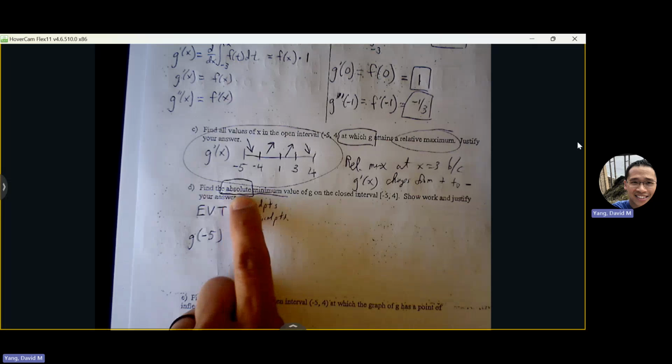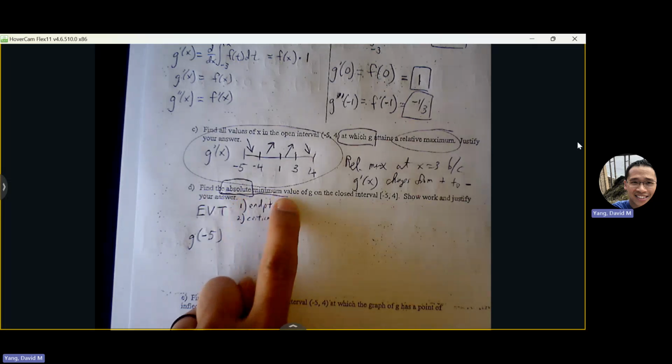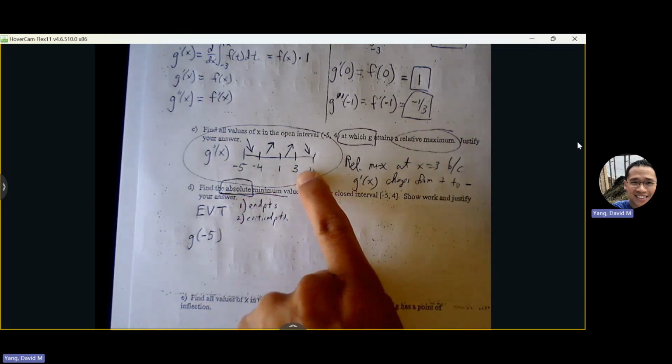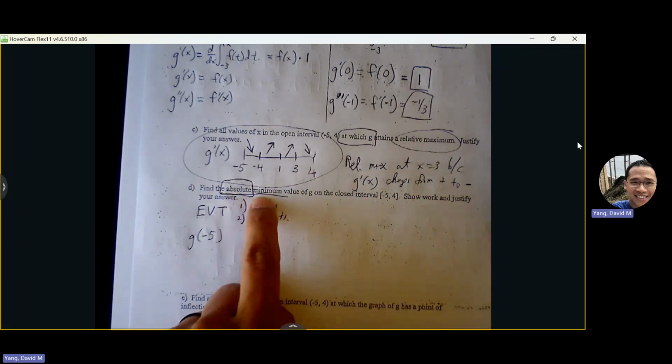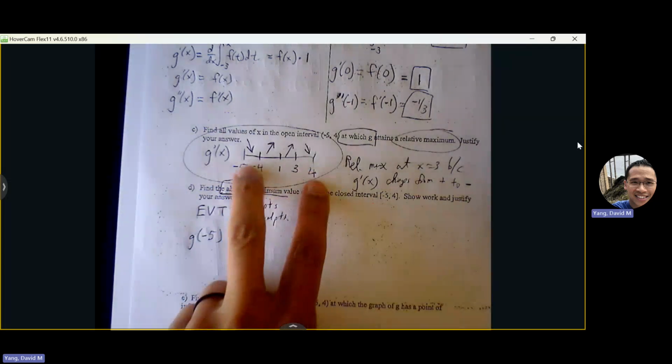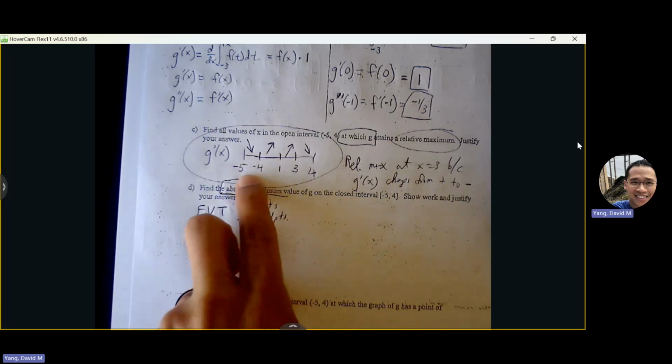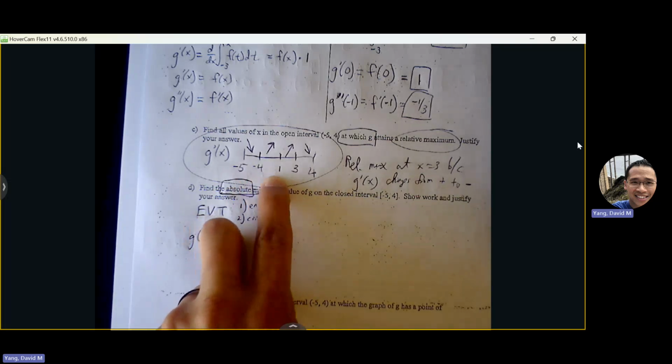You're just doing additional work that you don't have to. Now, if the problem says find the absolute max and absolute min, then you want to include 3 because that relative max could end up being one of your answers. But if it's only asking for absolute minimum, you only need to test your endpoints and then any relative mins. That's it. Okay.